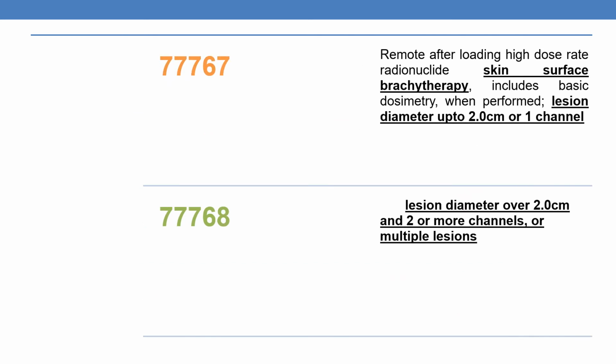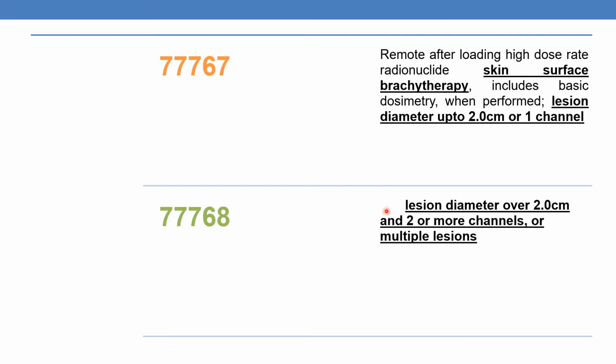The next CPT is 77767. Remote afterloading high dose rate radionuclide skin surface brachytherapy includes basic dosimetry when performed, lesion diameter up to 2.0 centimeters or 1 channel. The codes are also based on the diameter of the lesion and channels. The next code is 77768. This is also starting with small letter, so you have to look for complete description.